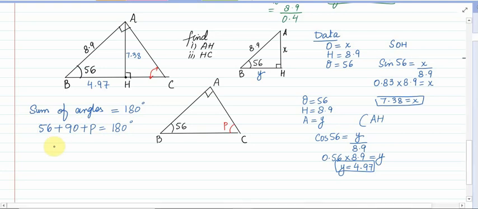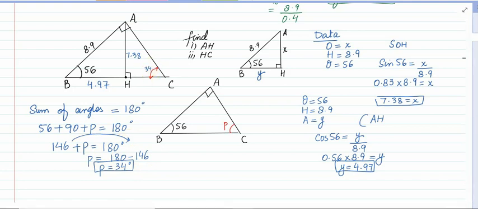It's 146 plus P is equal to 180. When you shift 146 on the right side, it will be subtracted from 180. So the angle is 34 degree. Right? Now we have this angle, it's 34.